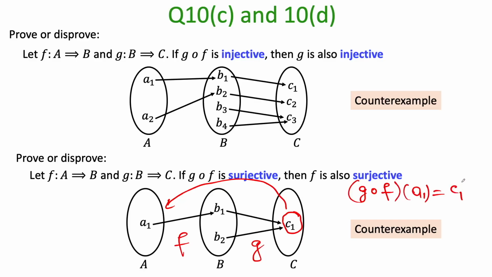So g o f is indeed surjective, but the function f is not surjective because if you take the element B2, it has no pre-image. So that shows this statement is not necessarily true.